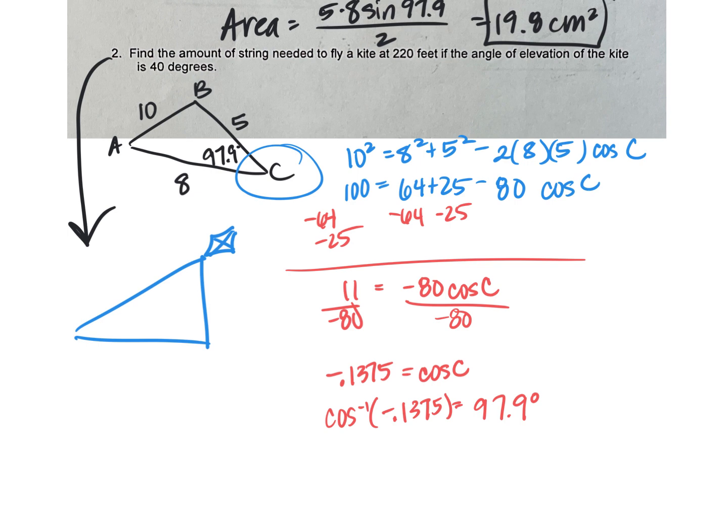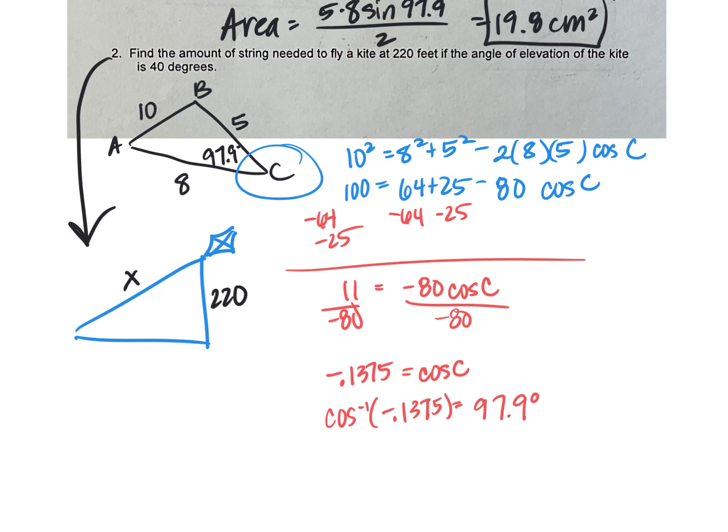They said, find the amount of string needed to fly a kite at 220 feet. So we're looking for this amount of string. The height of 220 feet would be which one on my picture? A, so I'm going to put 220 there. If the angle of elevation is 40, angle A, B, or C is 40.